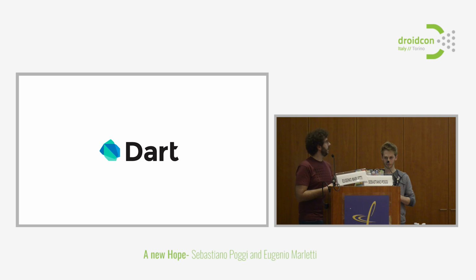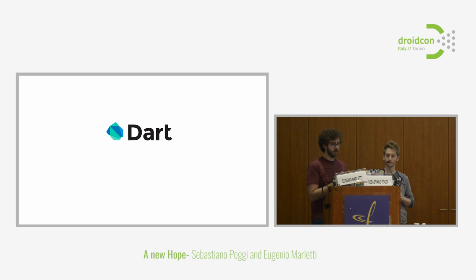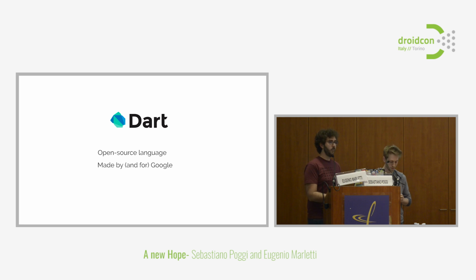The base of it is Dart, and Dart, if you don't know, is an open source language which has been made by and for Google. Fun fact, Dart is the second most used language in Google currently and is the first one for growth internally, so they're using it a lot. It was originally done, I think, to fix JavaScript.